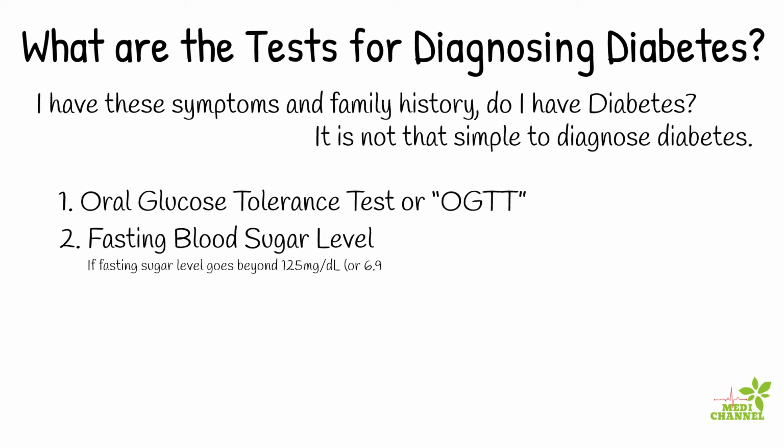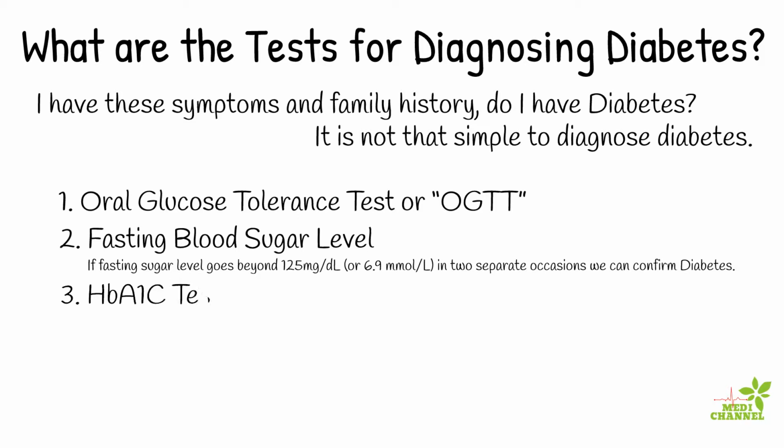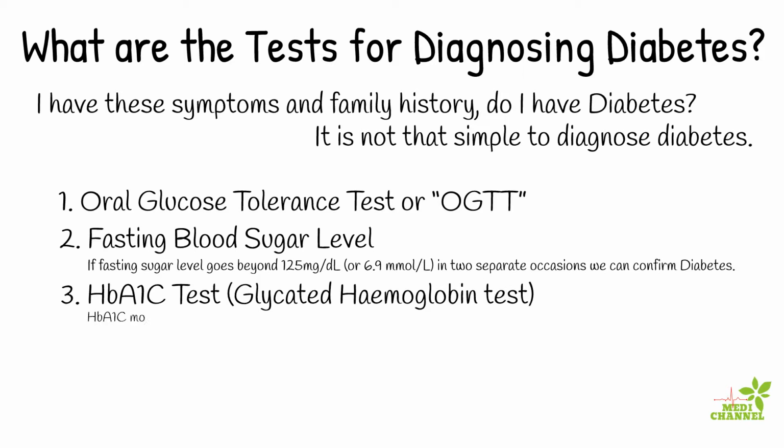If it is between 100 to 125 mg per deciliter, or 5.7 to 6.9 mmol per liter, it is considered as impaired fasting glucose level. But if the fasting sugar level goes beyond 125 mg per deciliter, or 6.9 mmol per liter, on 2 separate occasions we can confirm diabetes mellitus.